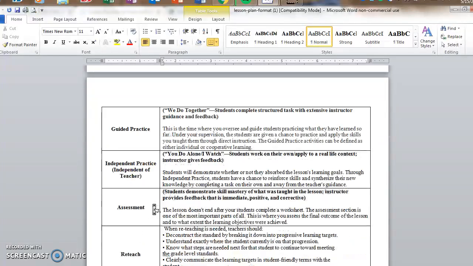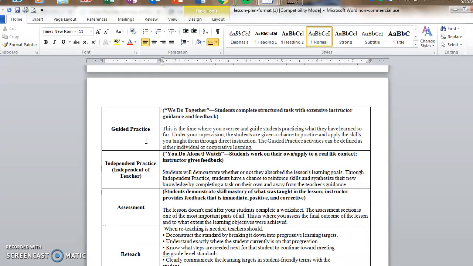Moving on to page 3, guided practice. This is the time where you will oversee and guide students practicing what they have learned so far. Under your supervision, the students are given a chance to practice and apply the skills you taught them through direct instruction. The guided practice activities can be defined as either individual or cooperative learning.